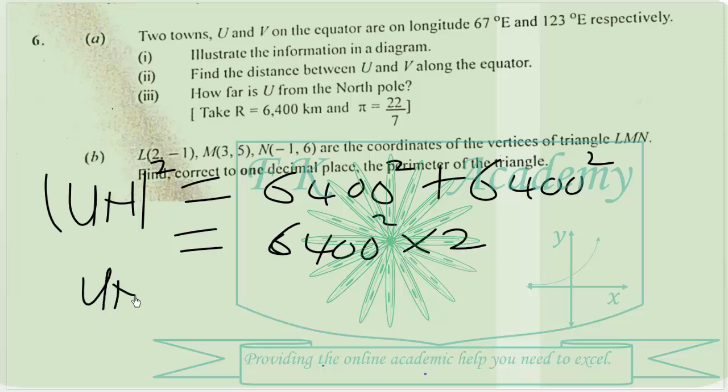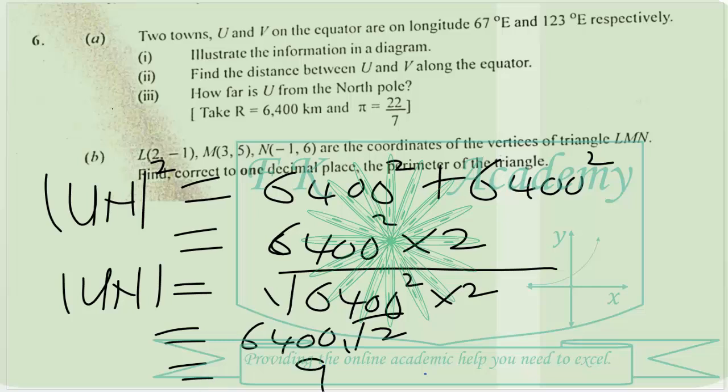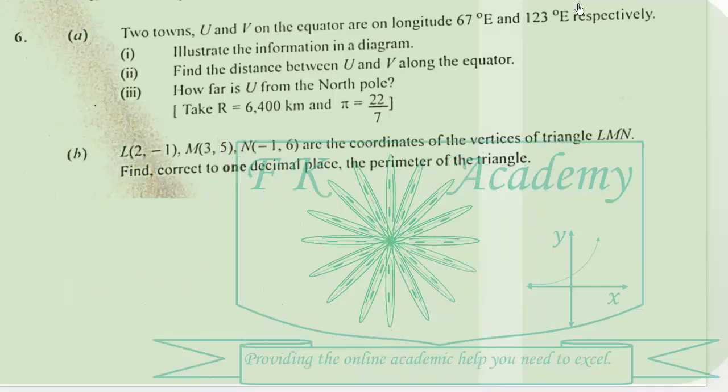So UN will be equal to the square root of 6,400 squared times 2, and that will give us 6,400 root 2. When we simplify this, 6,400 root 2 will give us 9,050.97 kilometers.